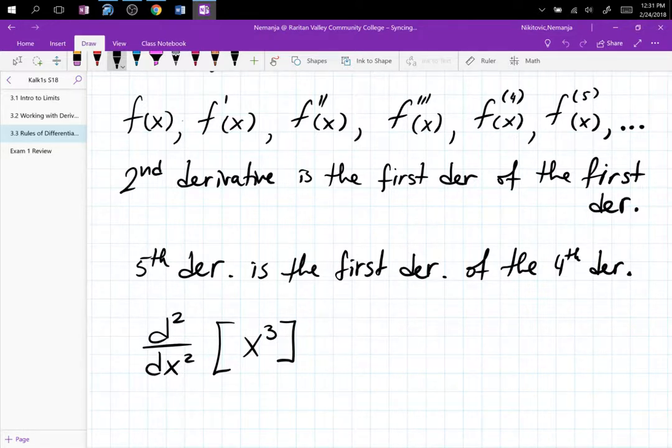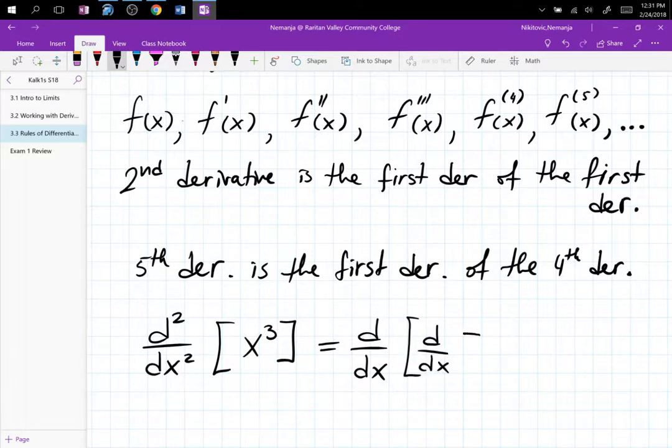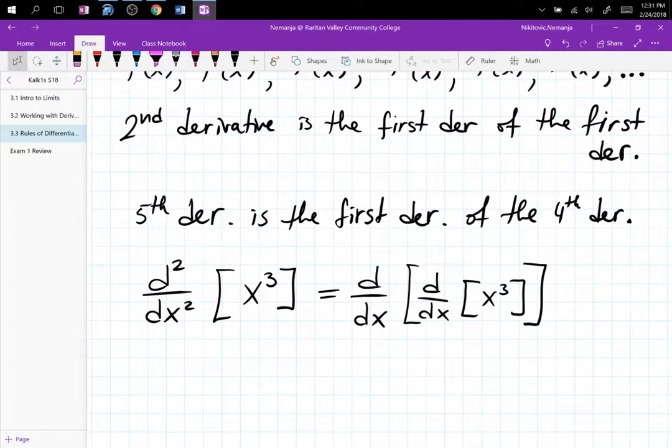It means two of those things, right? So I can rewrite this in Leibniz notation as this. And you see that you apply the first derivative, and then you apply another first derivative. But since you applied two first derivatives, you got the second derivative. Would this notation make sense with nesting like this?